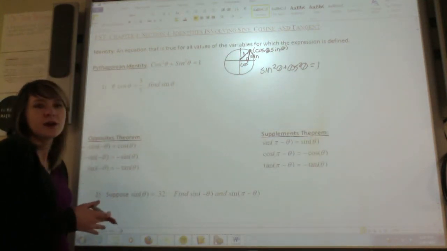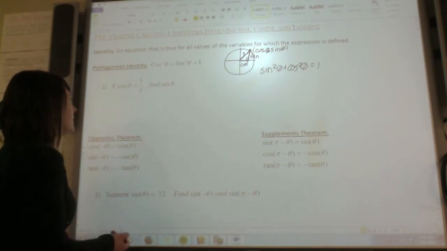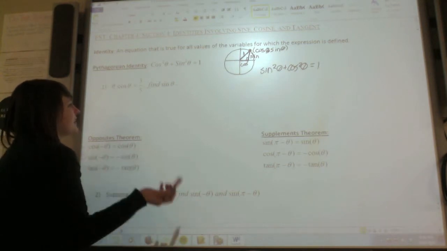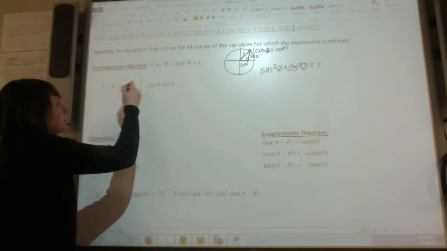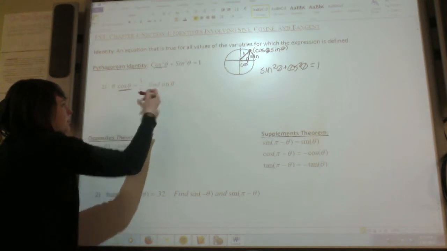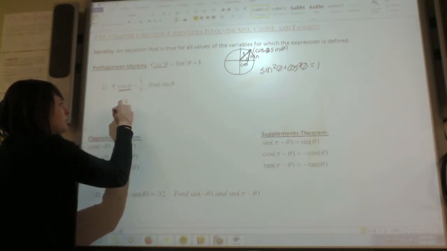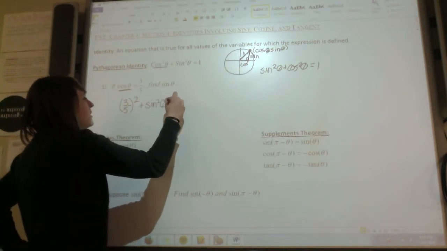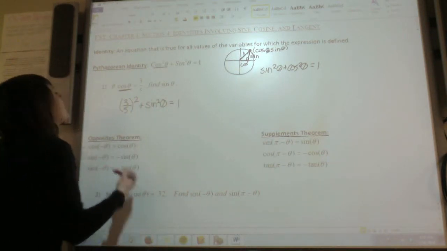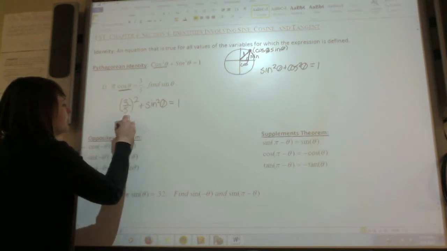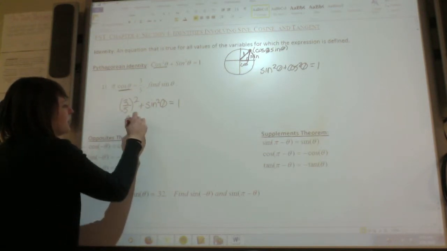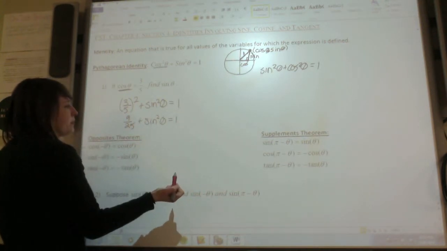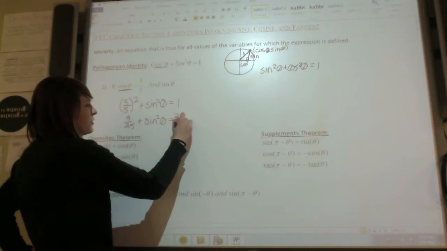Using the Pythagorean identity is actually really easy. If I know that the cosine of theta is 3/5, and I want to find the sine of theta, I can just replace the cosine of theta in this equation with 3/5. So I have 3/5 squared plus sine squared theta equals 1. 3/5 squared is just 9 over 25. So I've got 9 over 25 plus sine squared theta equals 1. Well, 1 is just 25 over 25.